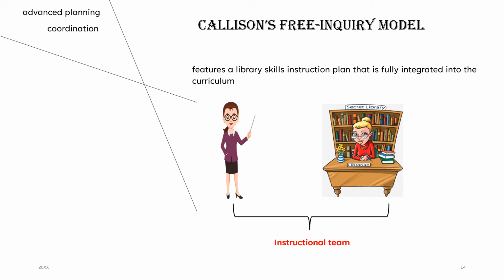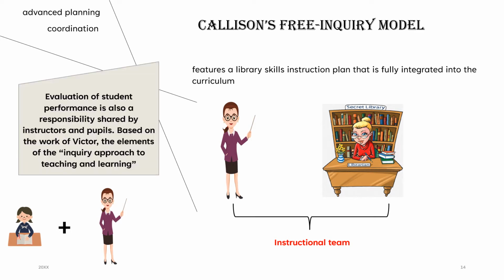However, lesson objectives are not prepared in advance. Rather, they are created on an individual basis by students and teachers acting together. Evaluation of student performance is also a responsibility shared by instructors and pupils. Based on the work of Victor, the elements of the inquiry approach to teaching and learning.